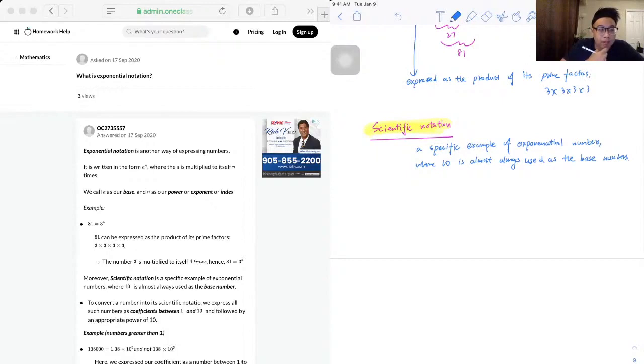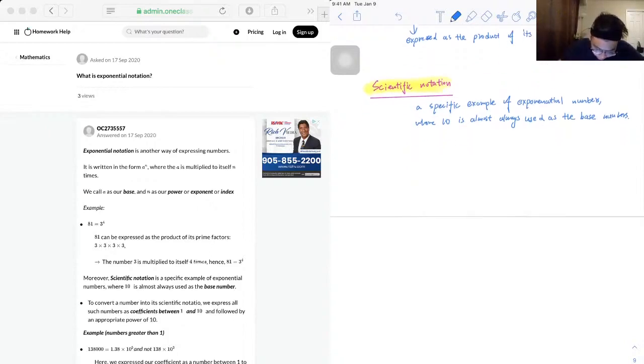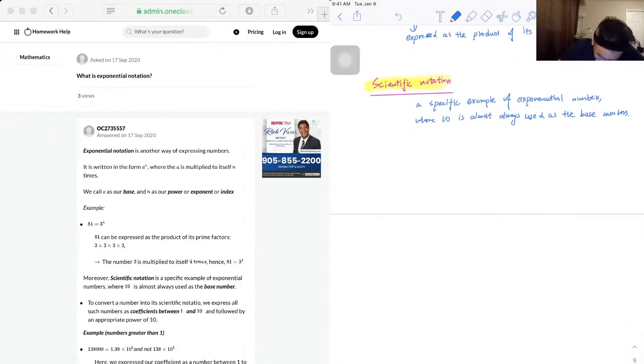And yeah, so to convert a number into a scientific notation, we express all such numbers as a coefficient between 1 and 10 followed by an appropriate power of 10. So I'll write this down and then I'll give you an example of that.